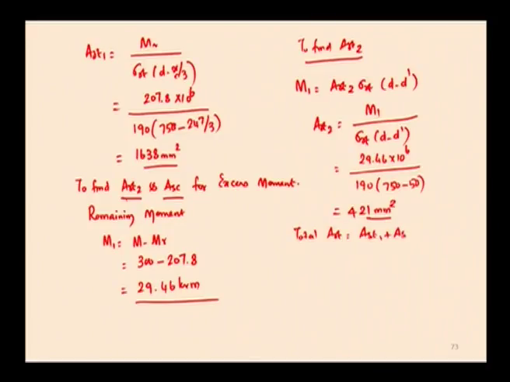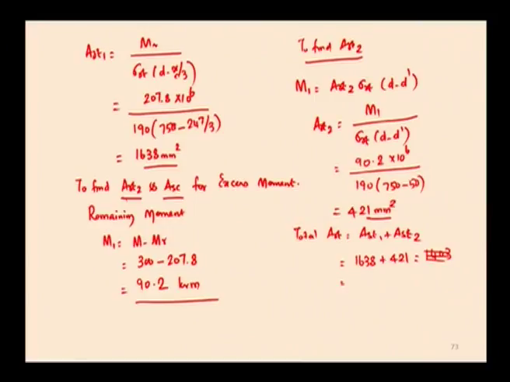But total AST, that is AST1 plus AST2, that is AST1 is 1638 plus 421. M1 here is 90.2 kilonewton meter.